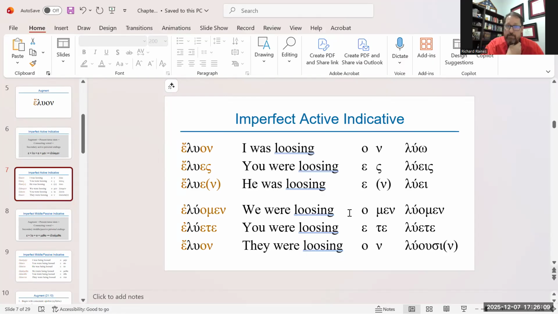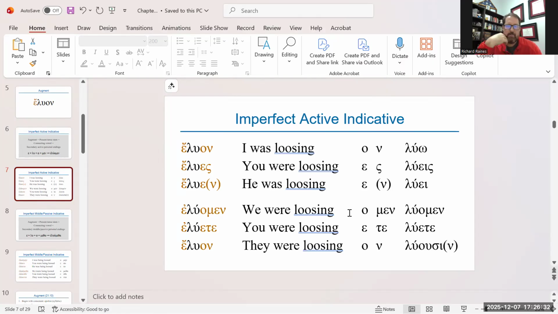What you're looking at here is the first, second, third, singular, and first, second, third, plural, imperfect, active, indicative. In the first person singular, you're going to add the augment. And the augment for the imperfect active indicative is an epsilon for this paradigm that we're looking at.